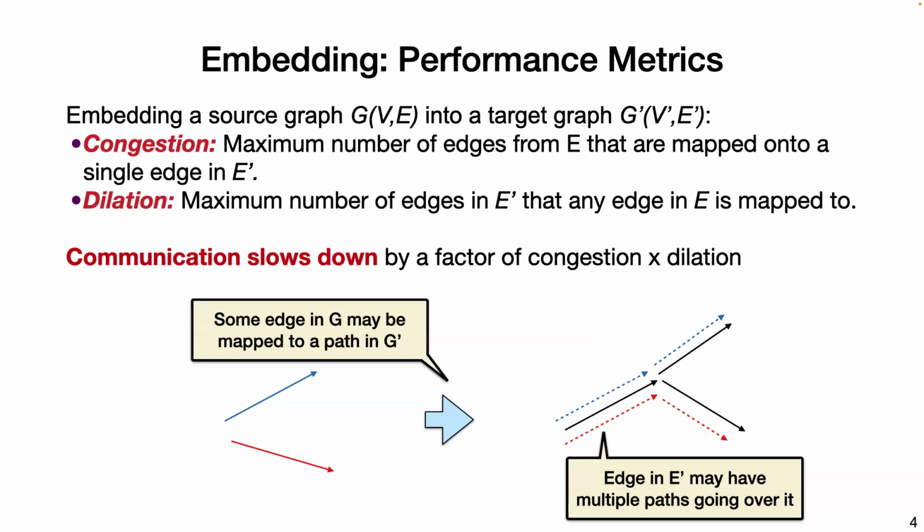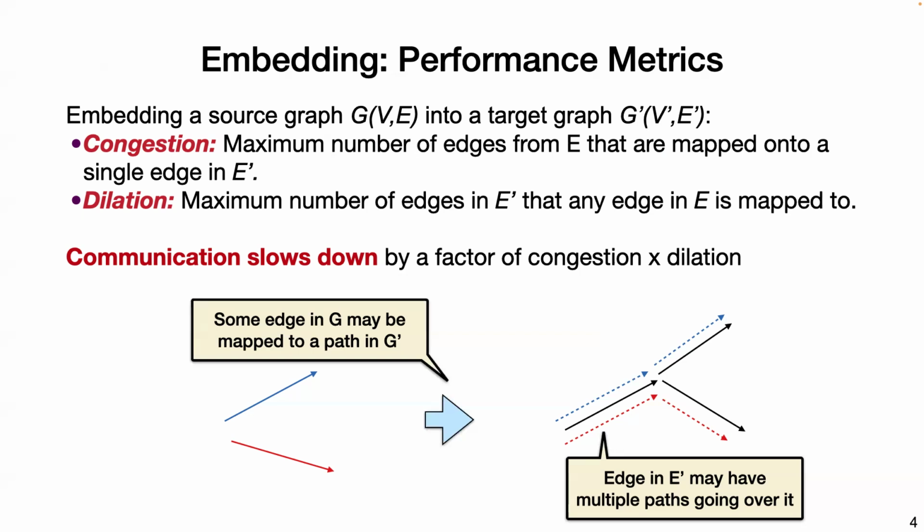So when you do this function translation, some edge in your original graph G might be mapped to a path in G prime. One edge is also a path, but what I mean here is that it may get mapped to multiple contiguous edges in G prime.